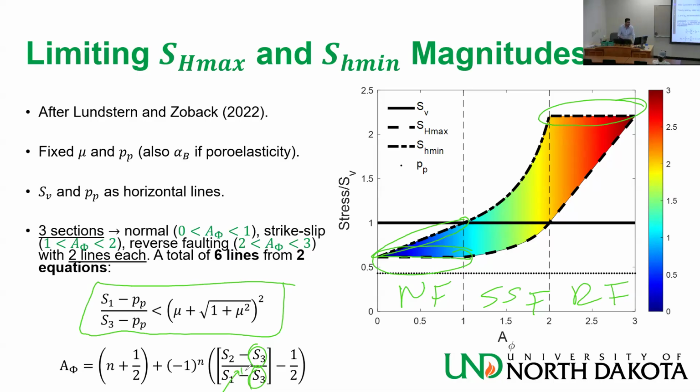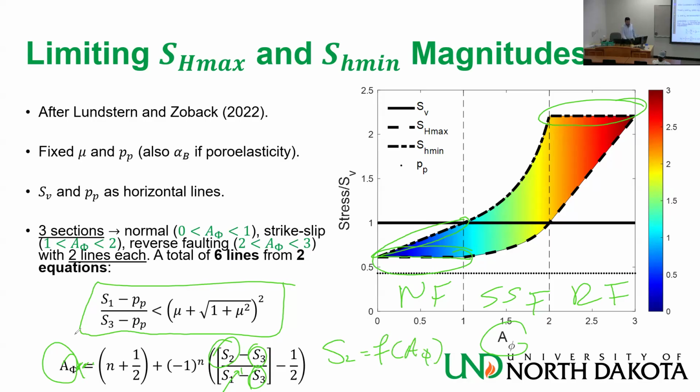S1 is 1, right? 1 psi per foot. And what is S2? It's SH max. So I now have only one unknown, because what is on the x-axis, it will vary. So I solve for S2 in terms of alpha phi.